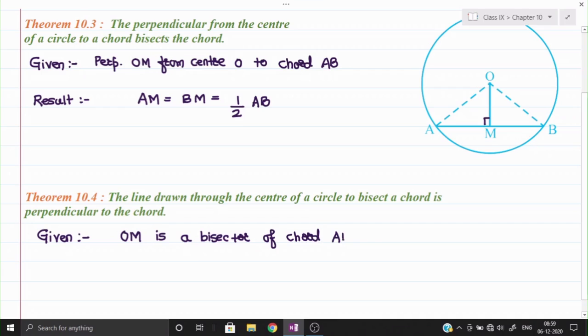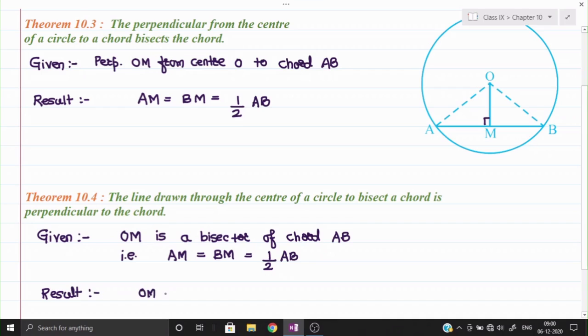In the form of equation, we can say that AM is equal to BM is equal to half of AB. That is given in the question. And what do they say further? If OM is a bisector of chord AB, it will be perpendicular to the chord. So the result you will get is OM perpendicular to AB.